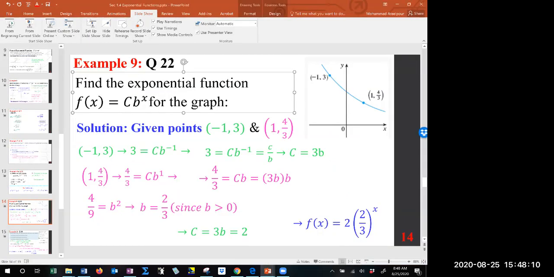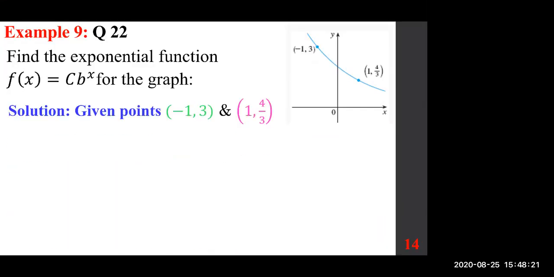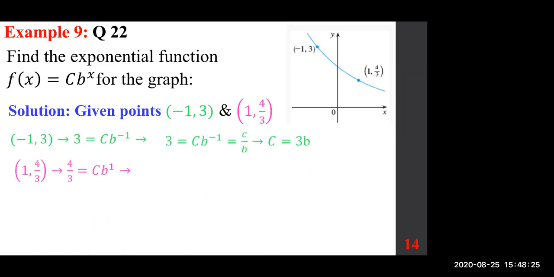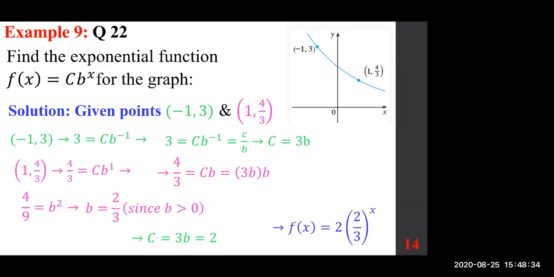You're dealing with a system of equations, but it's a nonlinear one. So again, you have two pairs and you put them into the function f of x equals cb to the power of x. You go through the process, solve, and you're done.